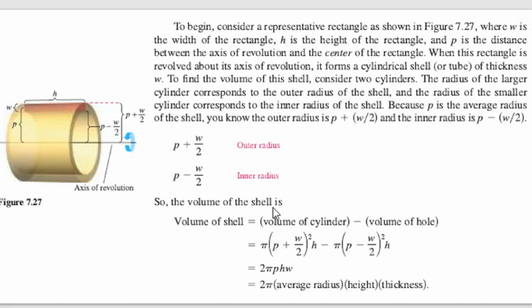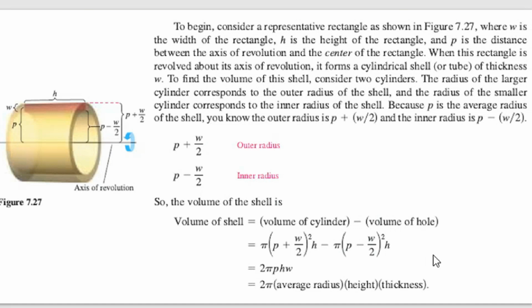The volume of the shell is given by the formula: volume of shell is equal to the volume of the cylinder minus the volume of the hole. The volume of the cylinder, from this figure, is pi times the square of P plus W over 2 times the height, minus the volume of the hole, which refers to the inner radius: pi times the square of P minus W over 2 times the height.